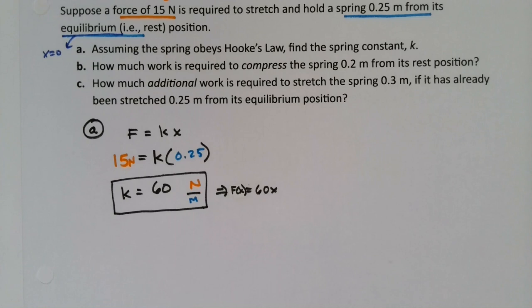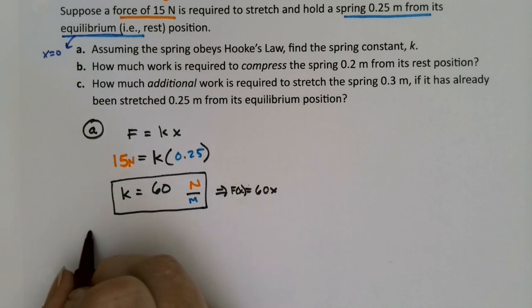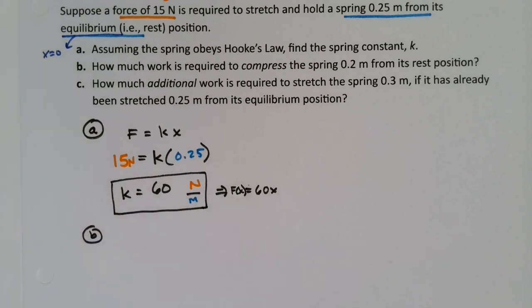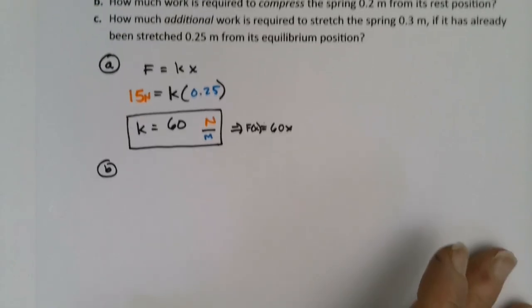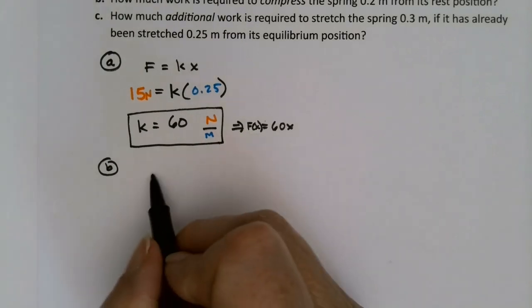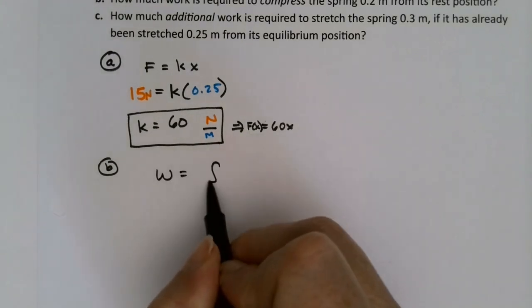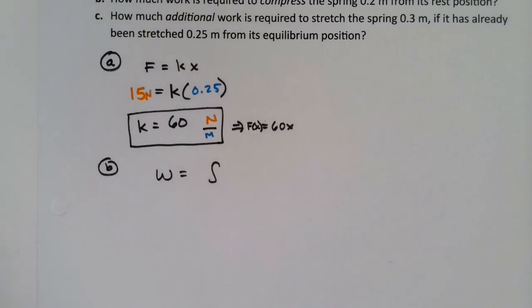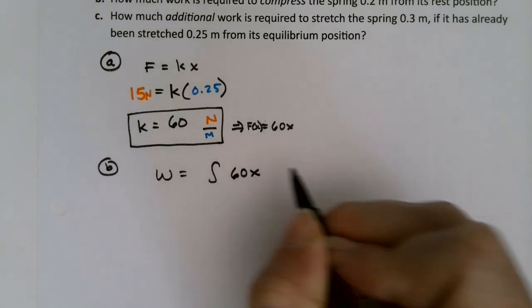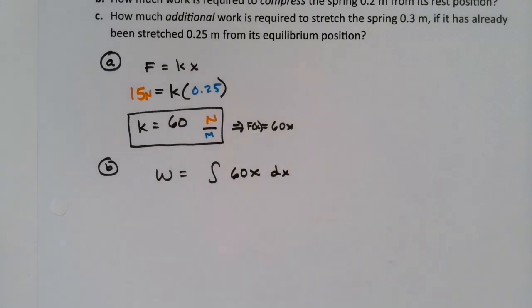All right, so now for letter B, how much work is required to compress the spring 0.2 meters from its rest position? Okay, so we want to take this lovely spring, and we know that its force function is equal to 60x because we just found it. But now we need to compress it.